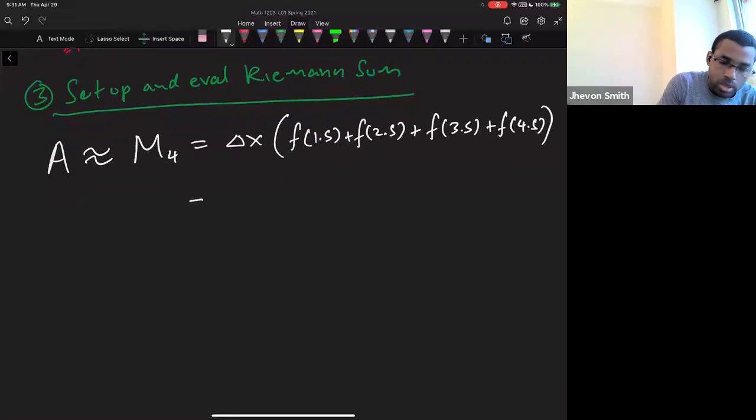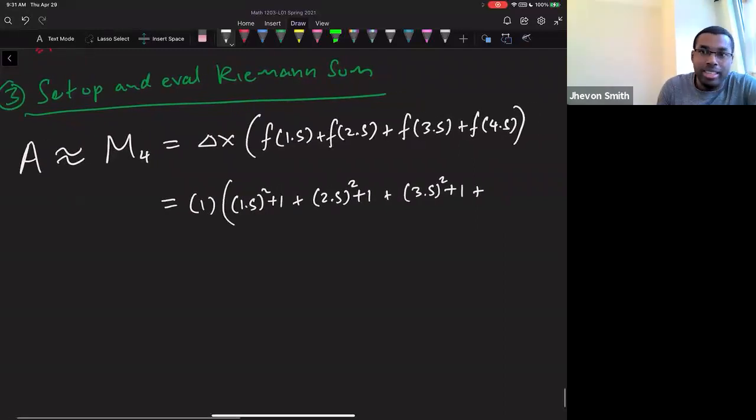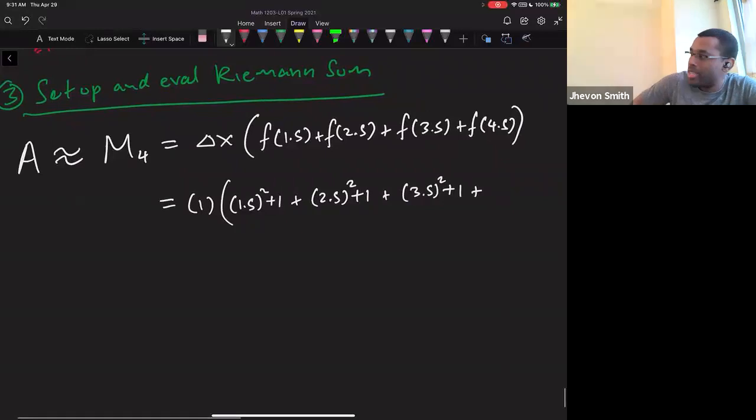And so, of course, that is going to be 1 times 1.5 squared plus 1, 2.5 squared plus 1, 3.5 squared plus 1. Now, personally, I would prefer to write these as fractions. It'll be easier to do, I think. So you have 3 over 2 squared. You know that's 9 over 4. Then you'd have 5 over 2 squared, which is 25 over 4, and so on. And you'll be able to add them up easier.